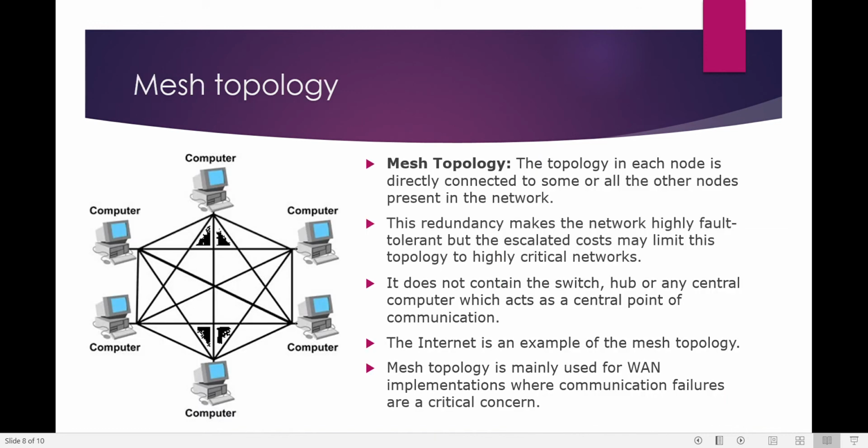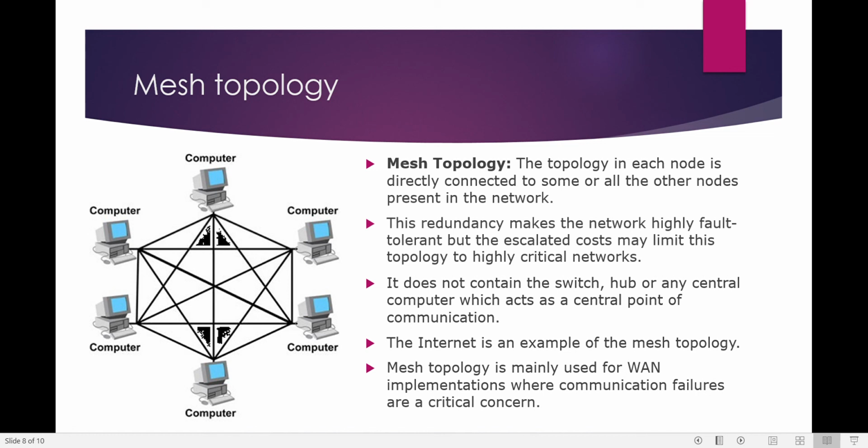Now there is another type of topology which is known as a mesh topology. Now in mesh topology, as we can see here, each node will be directly connected to some or all other nodes which are present in the network. So there will be a certain type of redundancy of connections.